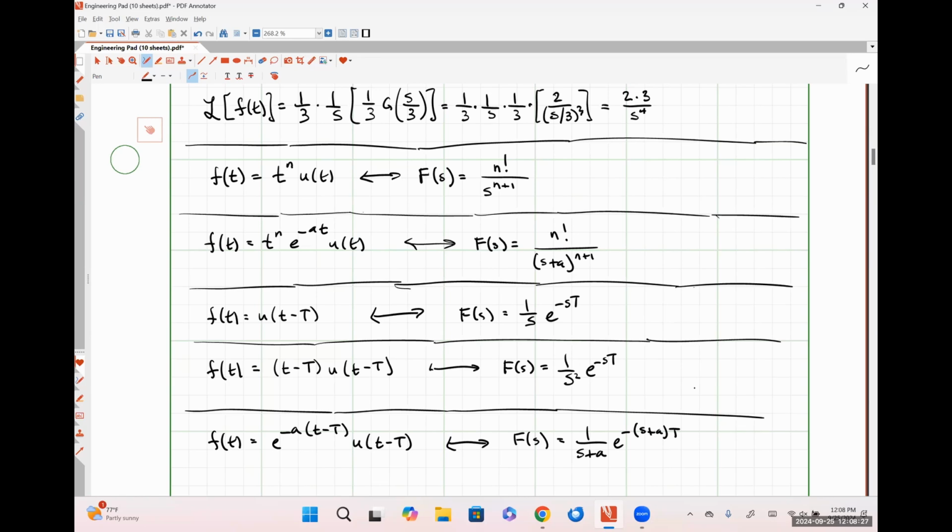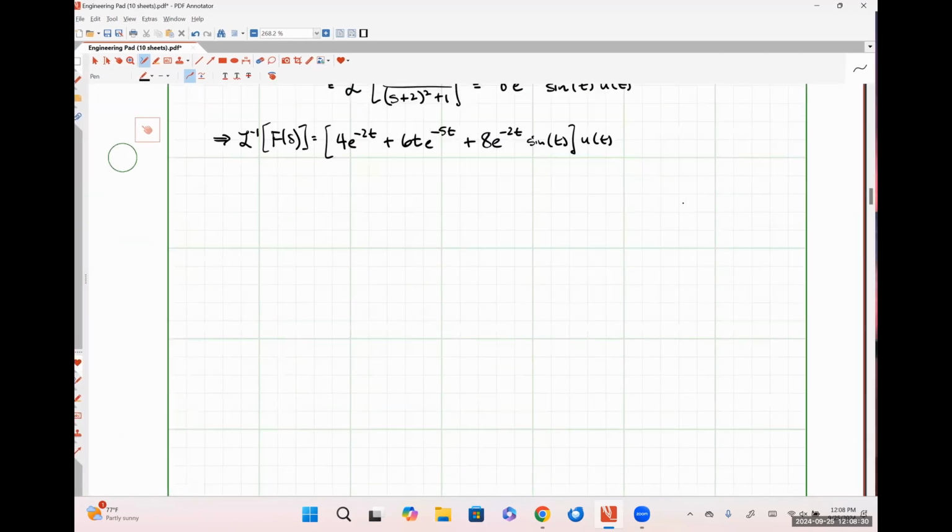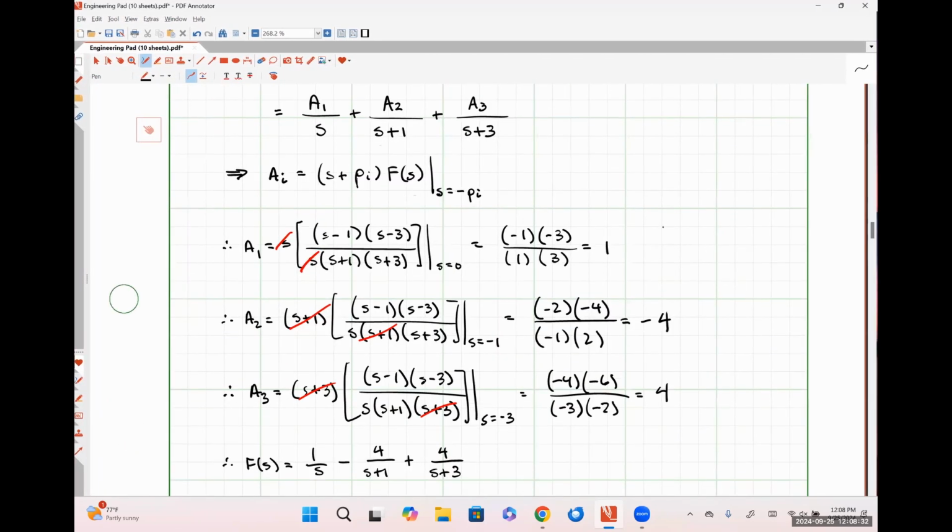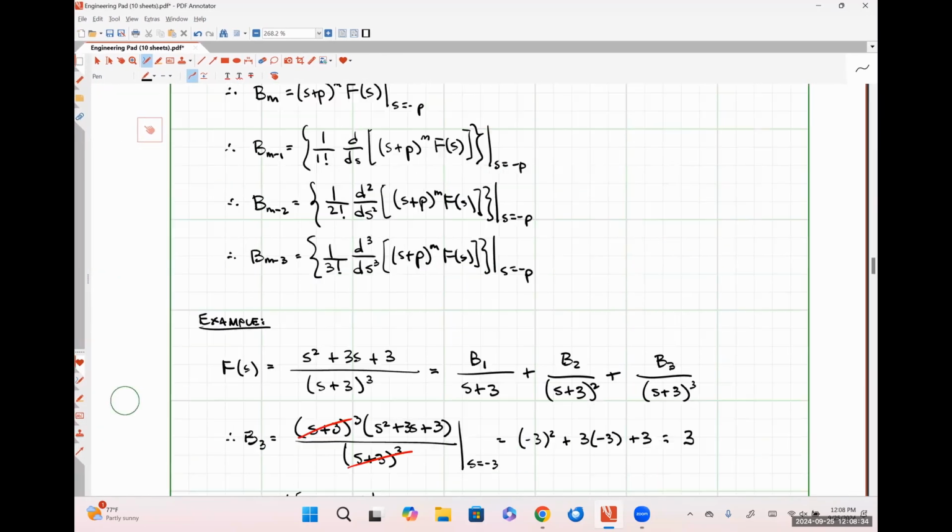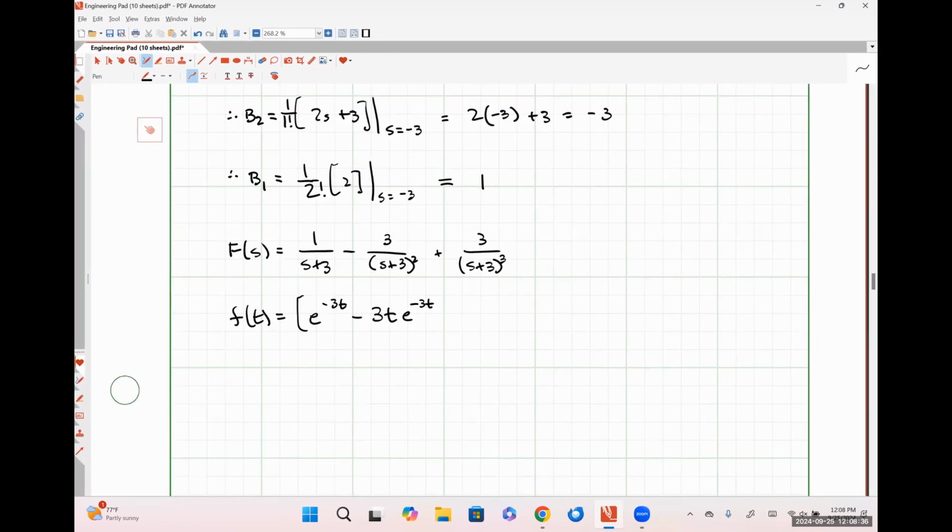So 3 halves t squared e to the -3t times u of t.